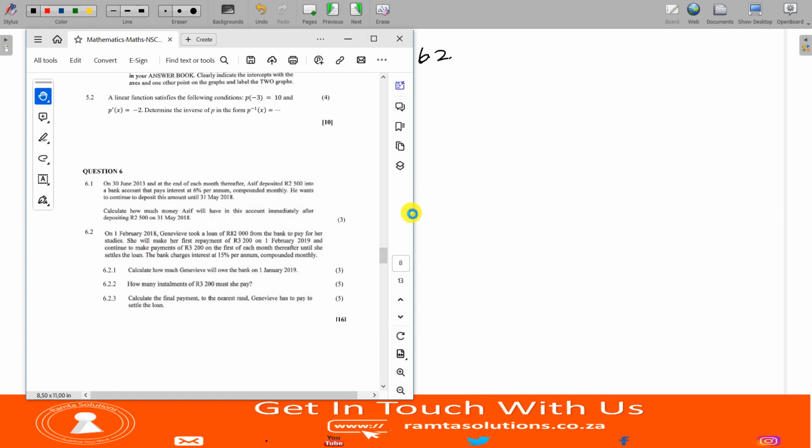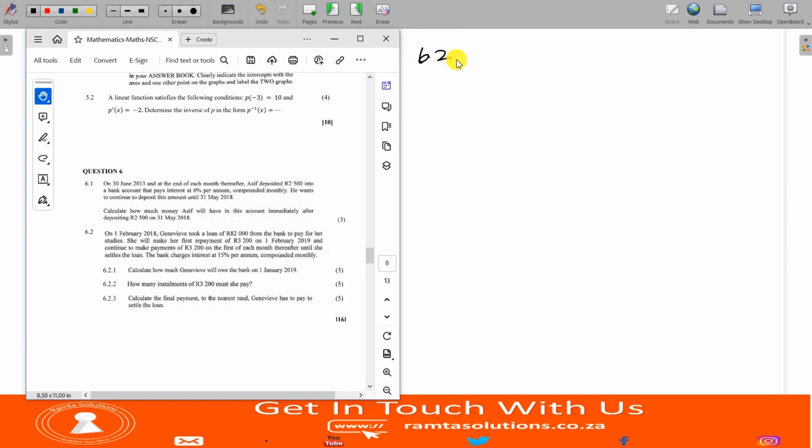So 6.2, let's see. Now with 6.2, let's see what we're looking at. It says on 1 February 2018, Genevieve took a loan of 82,000 from the bank to pay for her studies.